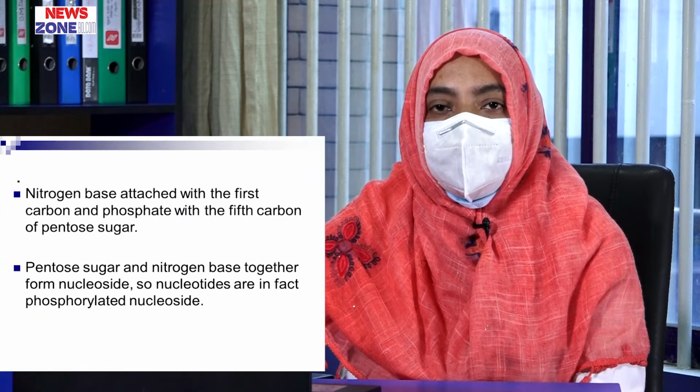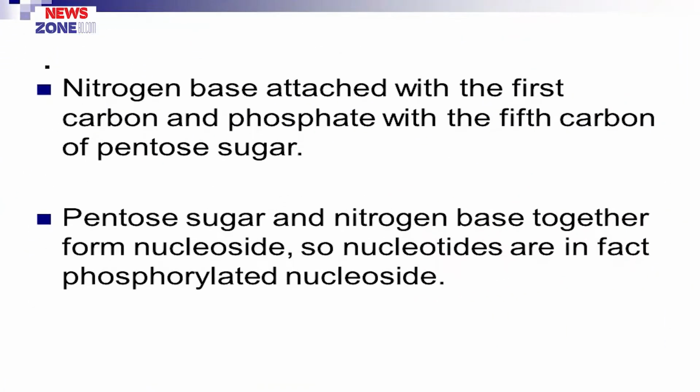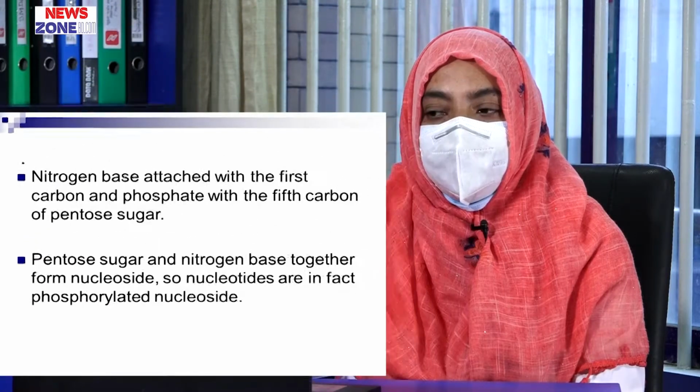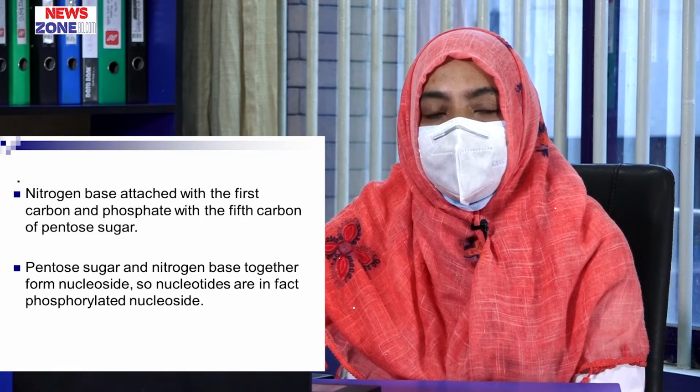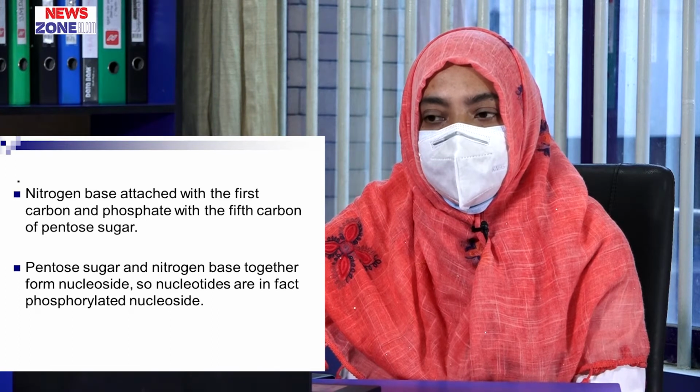In nucleotide, the nitrogen base is attached to the first carbon and the phosphate group is attached to the fifth carbon of the pentose sugar. As we know, pentose sugar is a 5-carbon containing monosaccharide. Pentose sugar and nitrogen base together form the nucleoside. So, nucleotides may in fact be termed phosphorylated nucleosides.